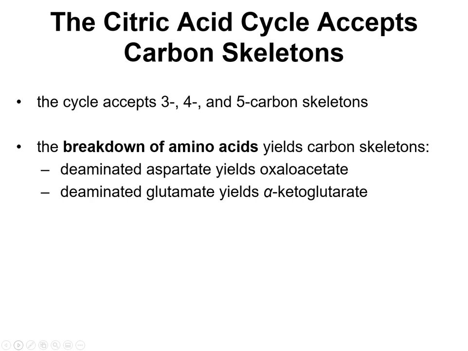So for example, deamination of aspartate can give you oxaloacetate. If you deaminate glutamate, you get alpha-ketoglutarate. We'll talk more about this when we talk about amino acid metabolism later on in the course. So you don't need to know these two examples specifically, but just know that the citric acid cycle accepts carbon skeletons, and one of those sources is amino acids.